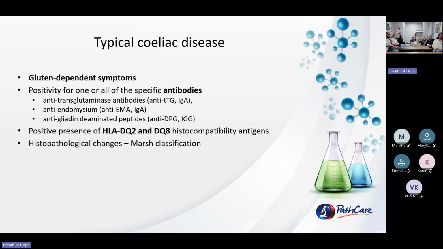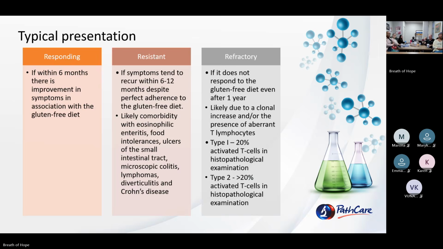They have positivity for one or all of the specific antibodies. So that's your tissue transglutaminase, anti-endomysium, and anti-gliadin. And then they generally are positive for your HLA-DQ2 or 8. And that they have histopathological changes on your duodenal biopsy, according to the Marsh classification, which I'll describe later.